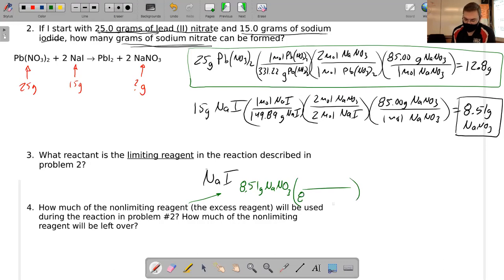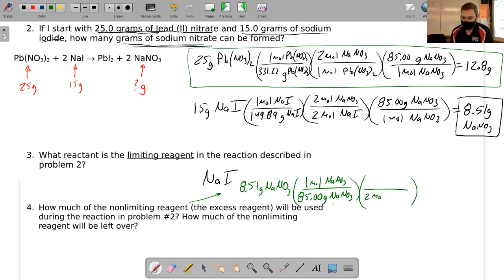So I can say 85.0 grams of sodium nitrate is the mass of 1 mole of sodium nitrate. And then this mole ratio is the same mole ratio, just put upside down.